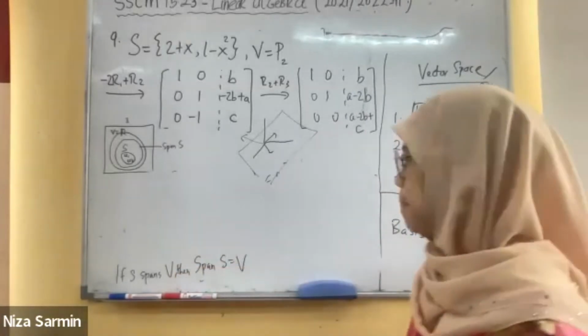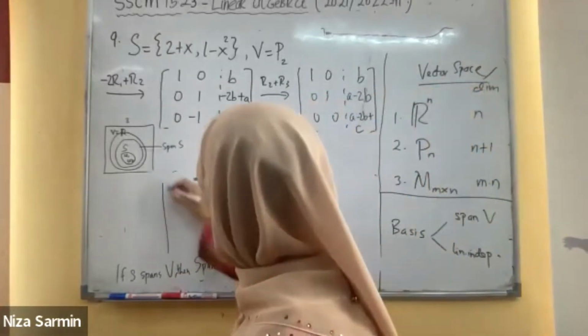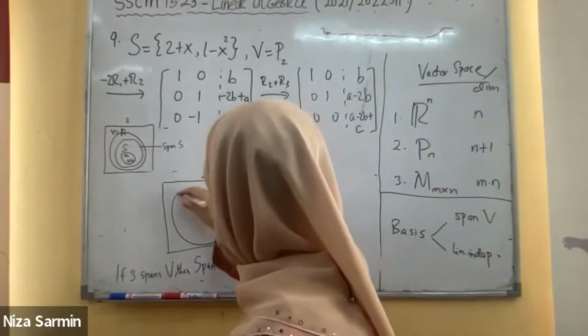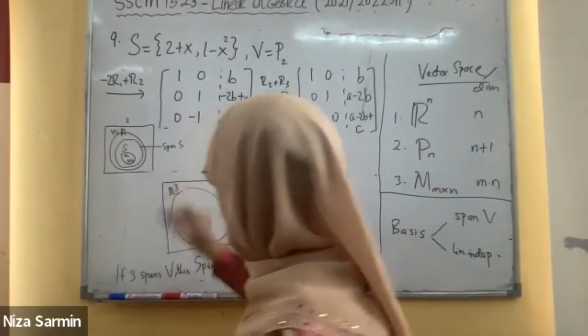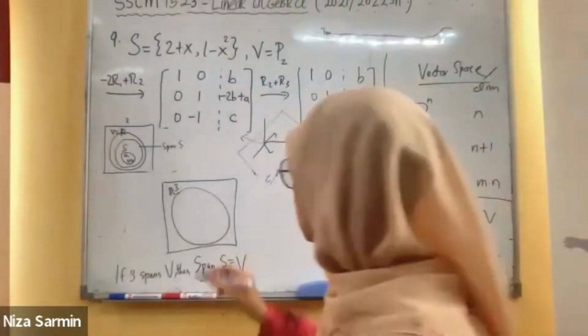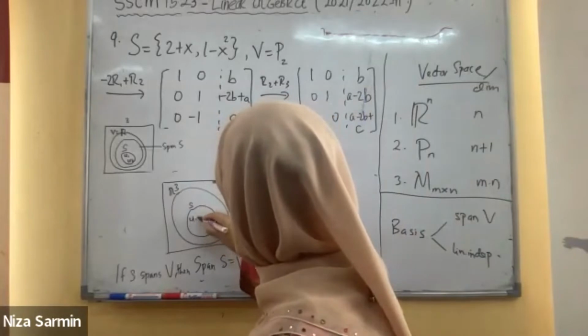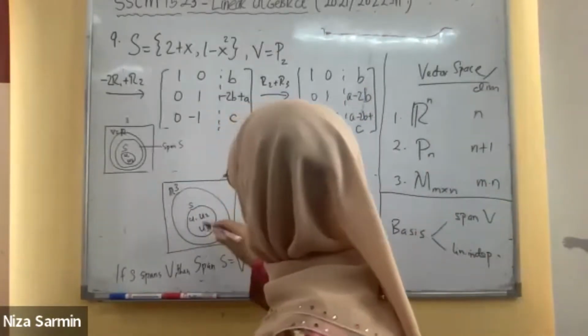Meaning you have R3, and then you have S with U1, U2, U3.